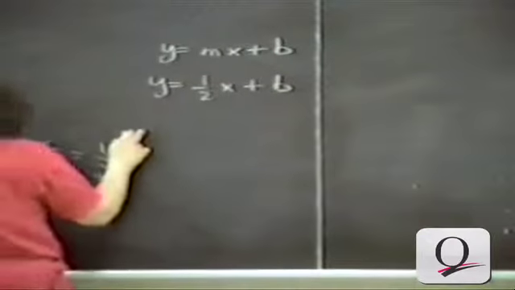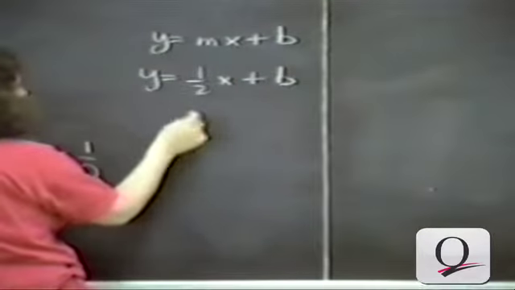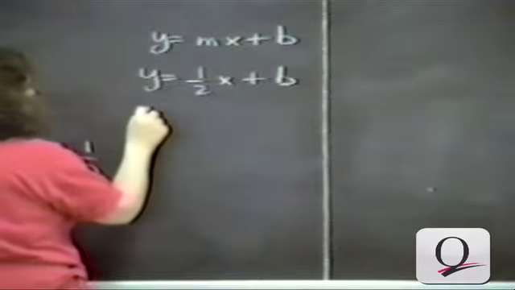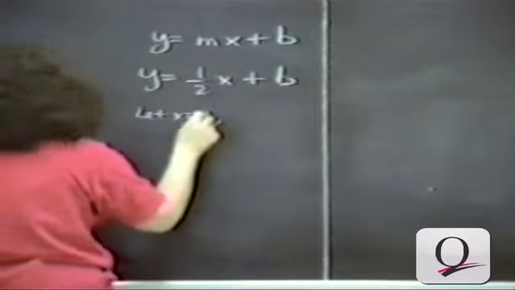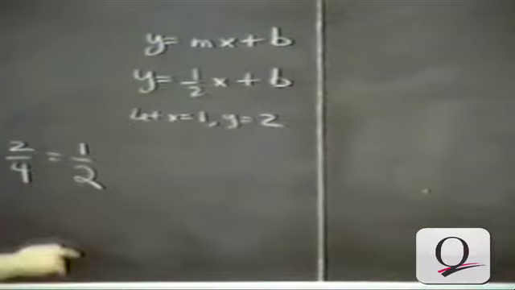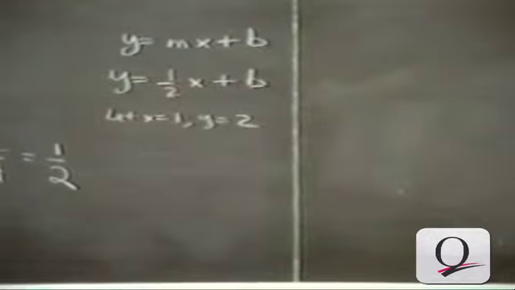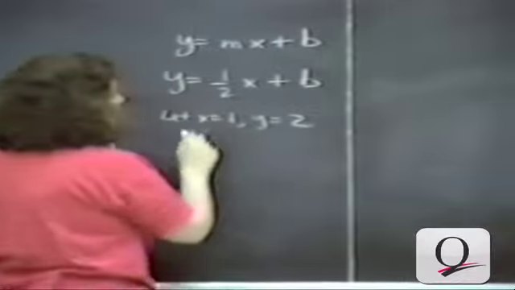So let's say we're using the point 1, 2. If x equals 1 and y equals 2, we should get a true statement here. So let's figure out what b is. x is 1, y is 2.